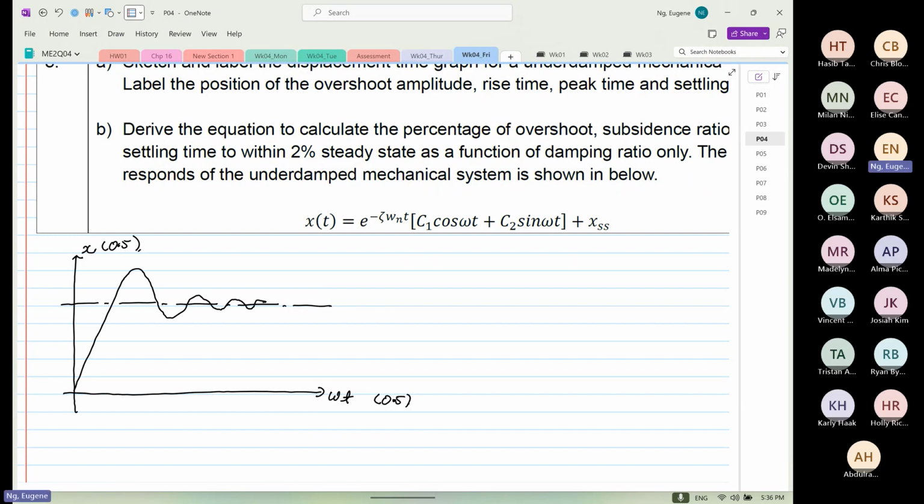So you call this your what? Over here, this is equal to pi, and this corresponds to your peak time. And then over here, this is your rise time.